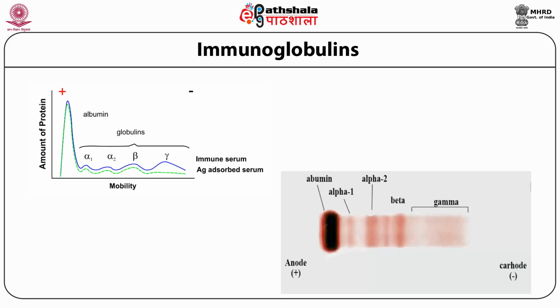As we have seen in the immunization lecture, in the experimental context, intentional exposure to the antigens also produces antibodies. That means when we pick up a particular animal and intentionally expose it to the antigen, specific antibodies are produced by the animal.